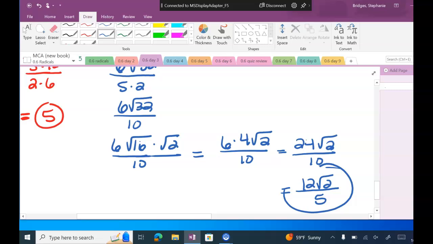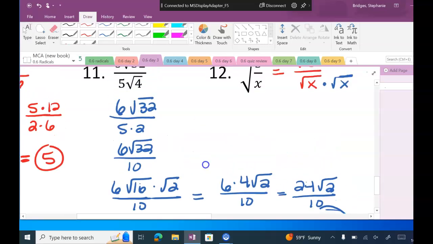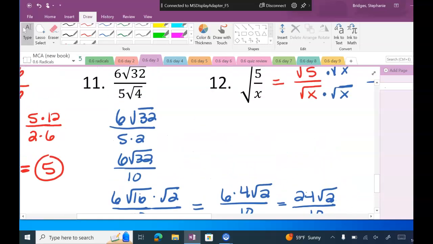One more real quick. Not one more example. I just want to show you this one. Okay, in the beginning, looking back at the original question, the numbers outside, do 6 and 5 have anything in common? No, okay. What about 32 and 4?